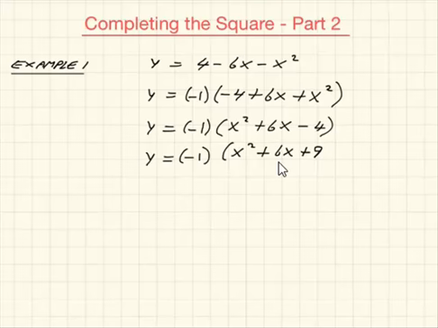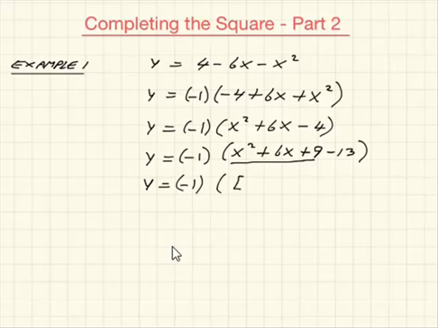Now we've got to bear in mind that we need a minus 4 overall. So that means we have plus 9 minus 5. Actually, it's not minus 5, it's minus 13, because we need minus 4 overall. Now, next step is to recognize the three terms here as a perfect square, and they can be rewritten as x plus 3 all squared, minus 13.